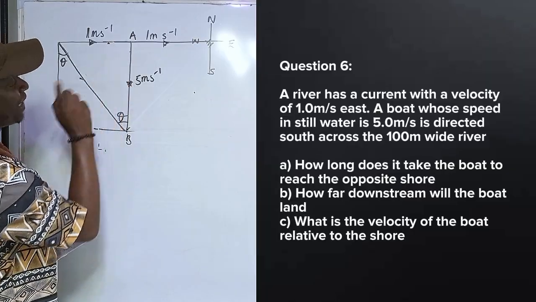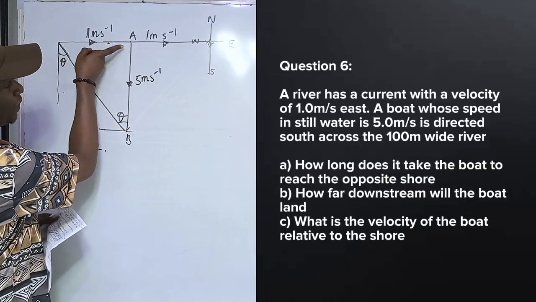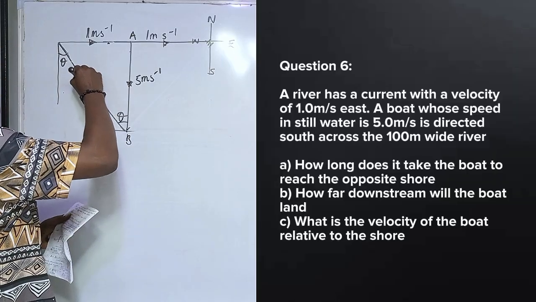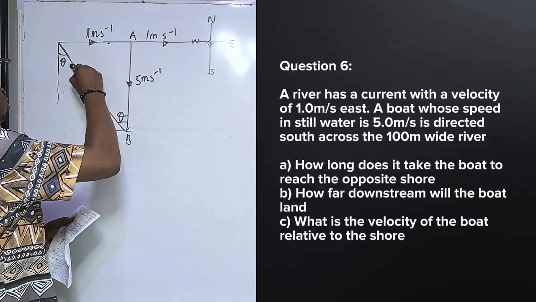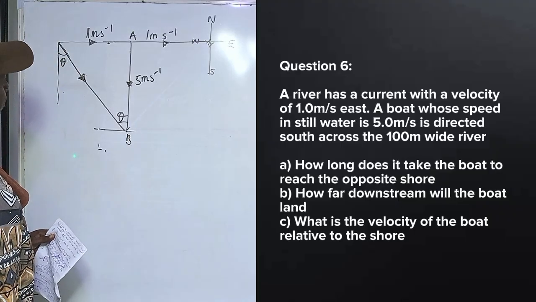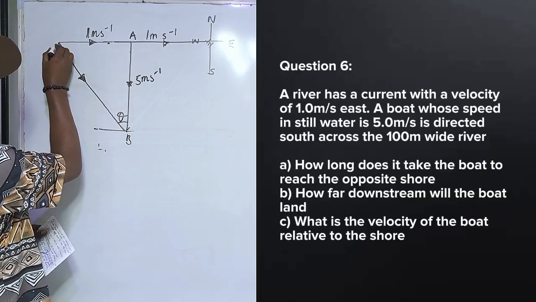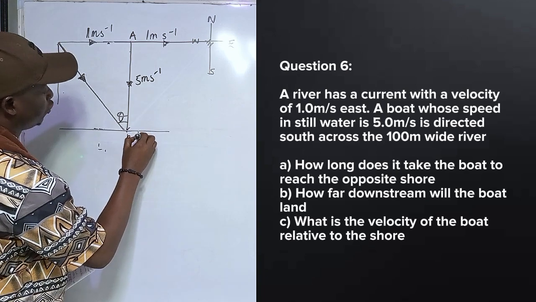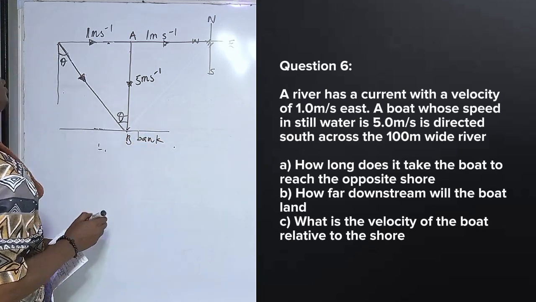That's why I try to get the orientation right. If the two are not moving in the same direction, the resultant velocity will be against the two directions. So this is the upstream and this is the downstream. This is the opposite bank we are talking about.